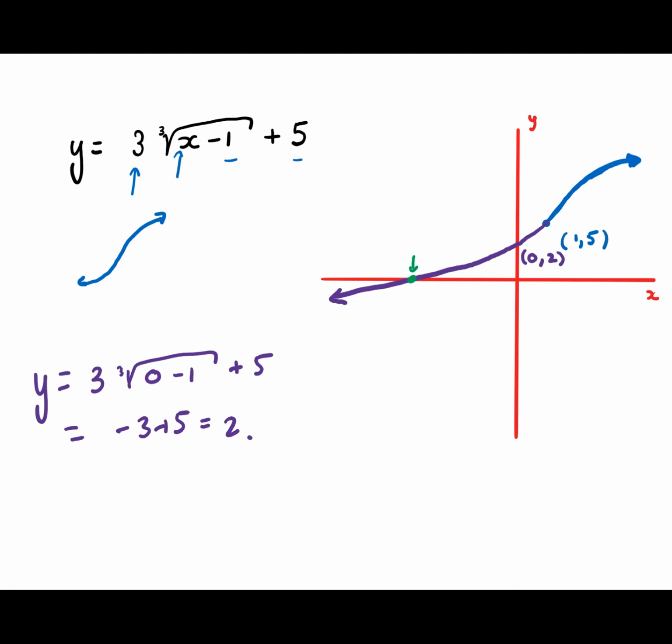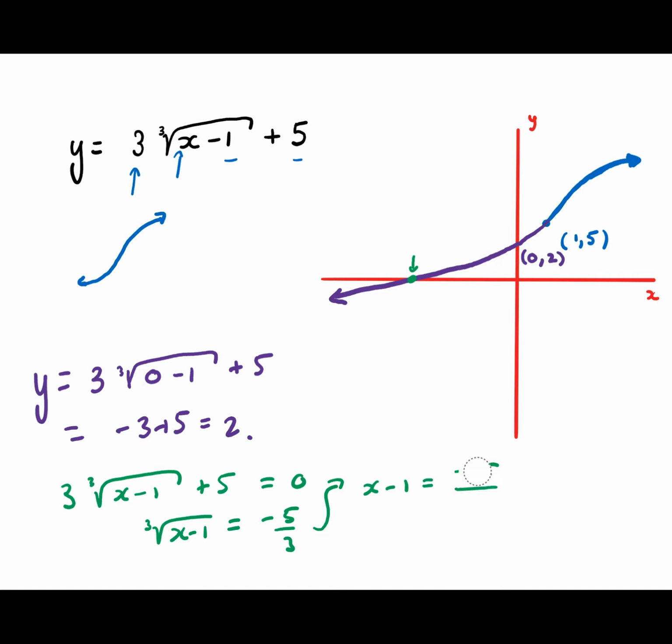Our final critical point is just over here. It's that x-intercept, which we find by letting y equal 0. So 3 times the cube root of x minus 1, plus 5 equals 0. That means the cube root of x minus 1 is negative 5 on 3. And if I cube both sides, x minus 1 is negative 125 over 27. Now if I'm going to add 1, it's like adding 27 on 27.